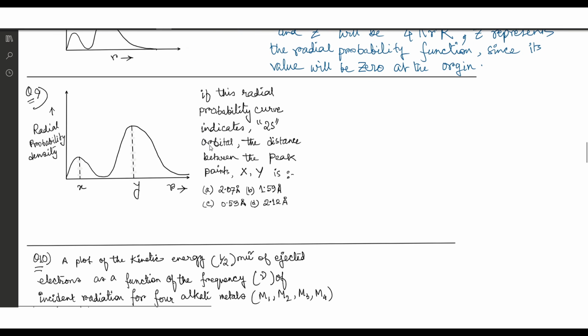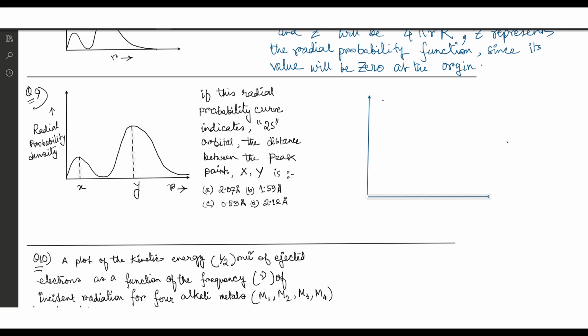In the next problem, if this radial probability curve indicates a 2s orbital, what is the distance between the peak points x and y? Okay, I'm just trying to make another plot like here. It is given as like this.